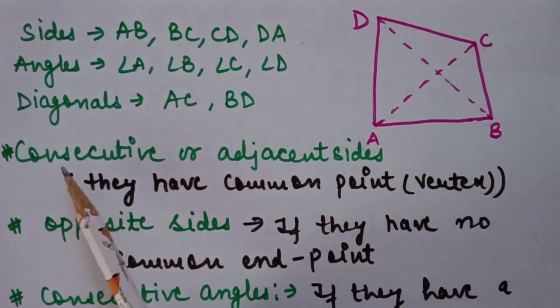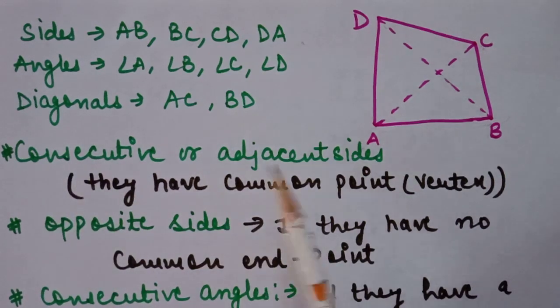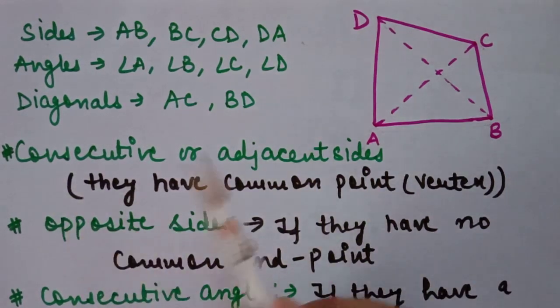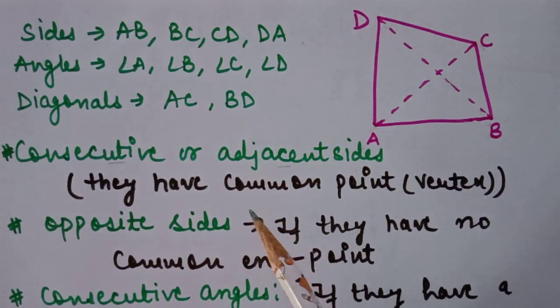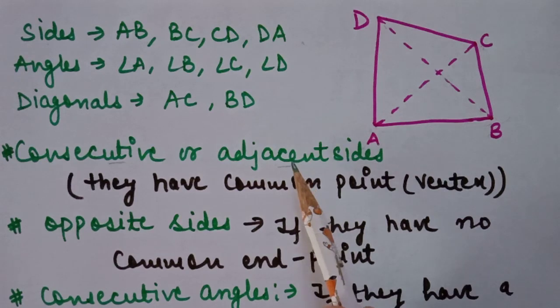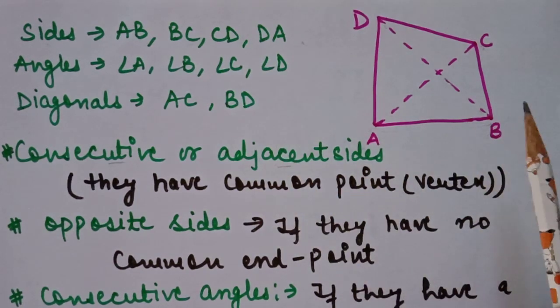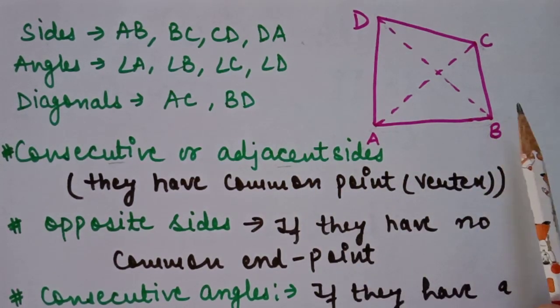So students, next term is consecutive or adjacent sides. The word adjacent or consecutive means one after another. So adjacent side means one after another. Two sides of a quadrilateral are consecutive or adjacent if they have a common vertex.